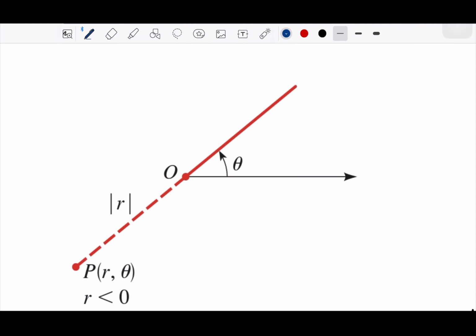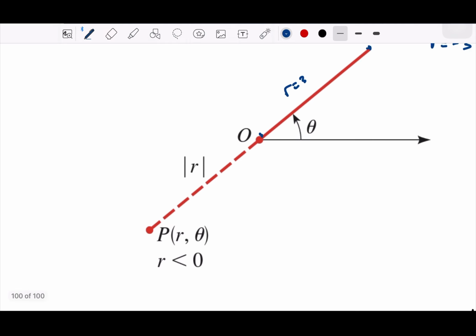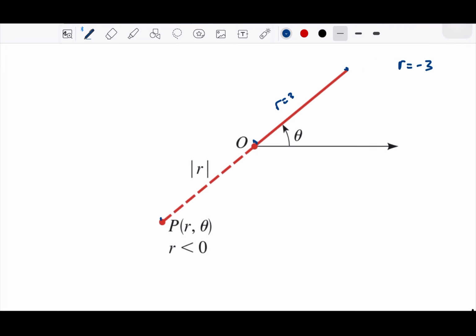So for example, if the radius is -3, which means if this is r equal 3, then the one behind here is the negative part. We are going to see in practice how it works. I think that will be better, but for now let me just explain it like that.